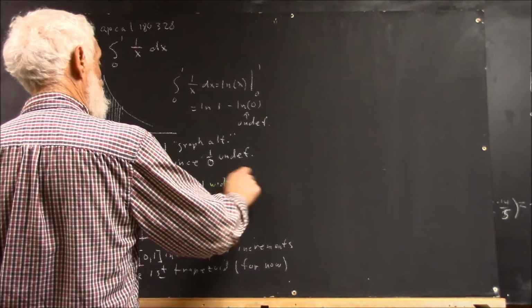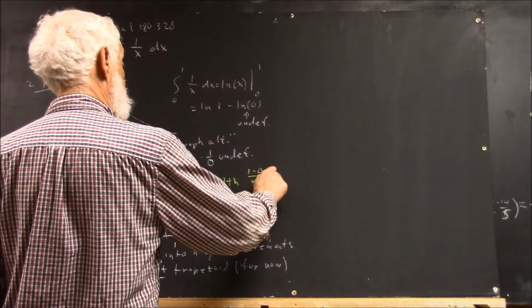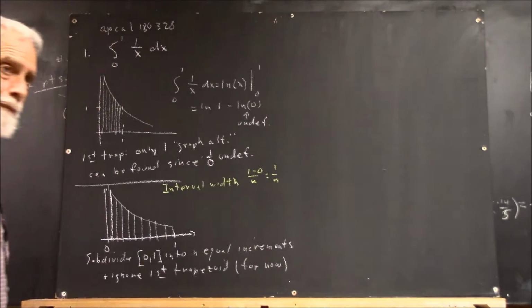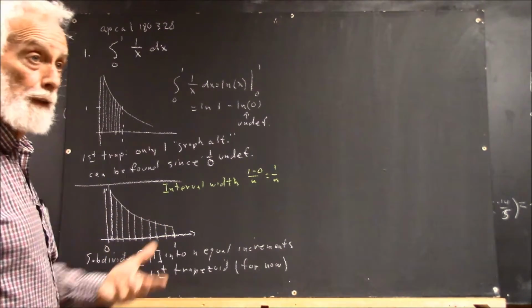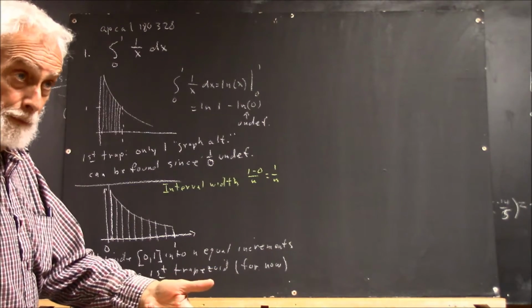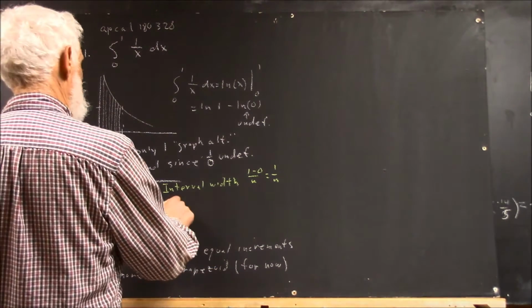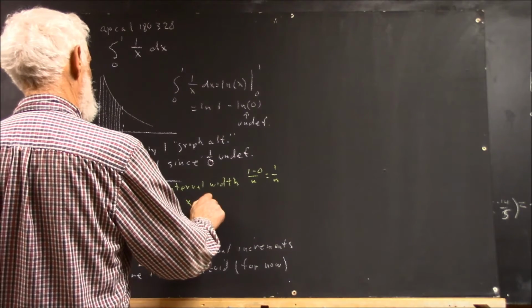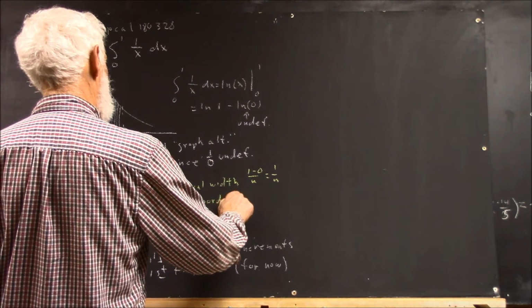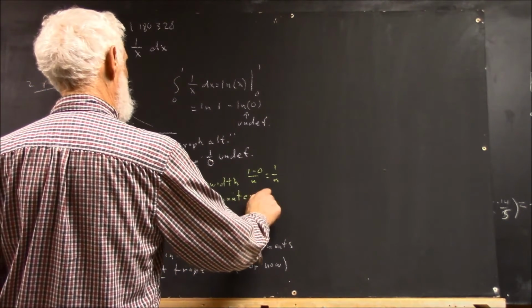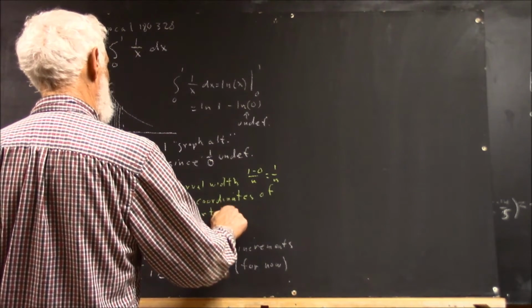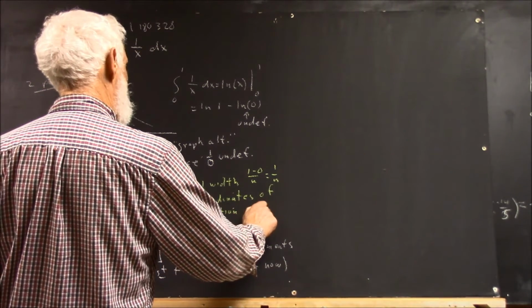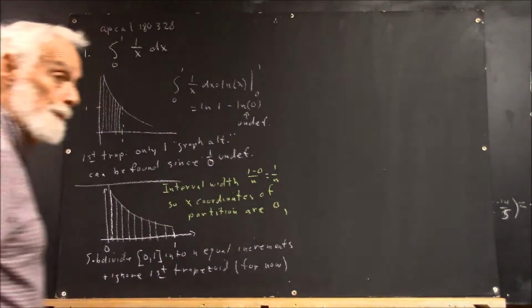You could say 1 minus 0 over n equals 1 over n. Okay, so the x-coordinates at which you have to evaluate this, the x-coordinates of your partition, are 0, right?